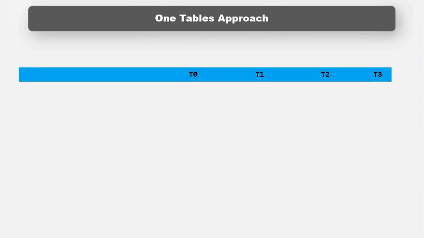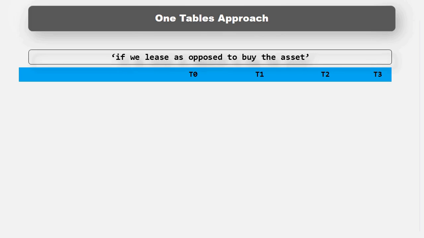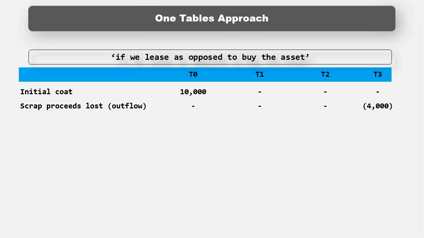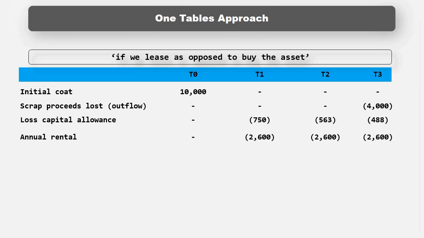As mentioned earlier, this can be done through one table. We'll construct the table from the point of view of saying if we lease as opposed to buy the asset, let's set up the pro forma first. If we lease as opposed to buy, then we will save the initial outlay, lose the scrap proceeds, lose the capital allowances, pay annual rentals and receive a tax deduction for doing so.